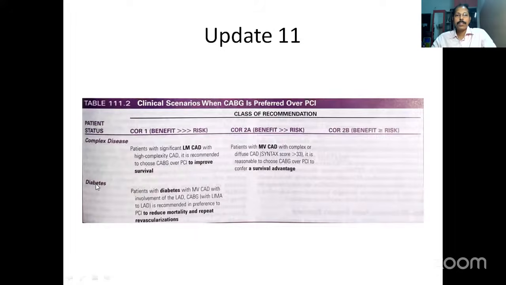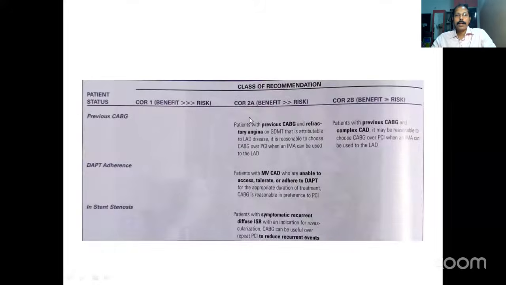A patient with multivessel coronary artery disease with diabetes and LV dysfunction, again CABG will be beneficial. And this is a class 2A recommendation. The patient having previous CABG, again presenting with symptoms after a period of 15 or 20 years, again CABG will be the best option.